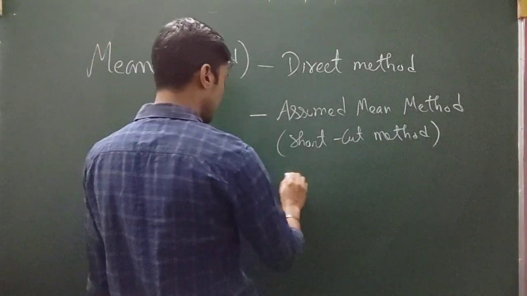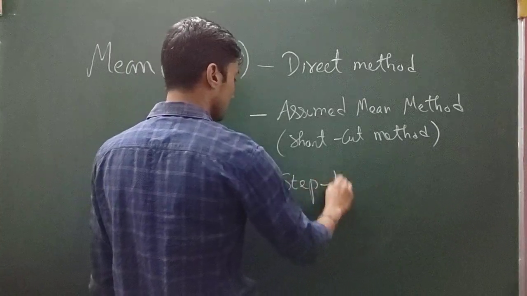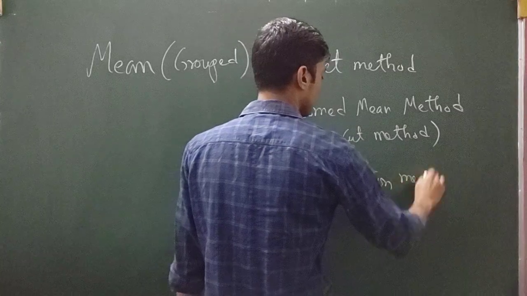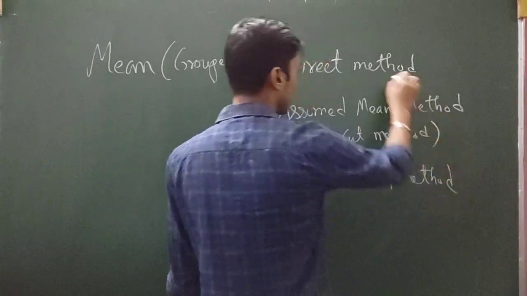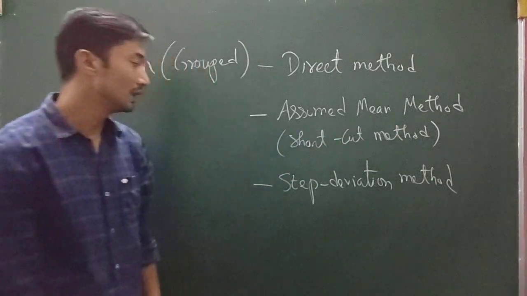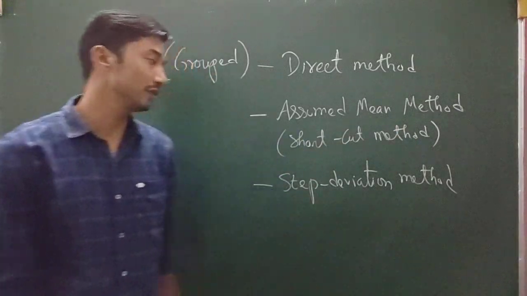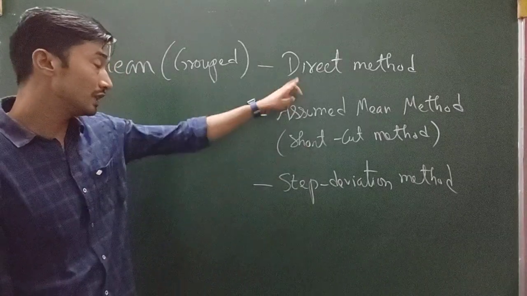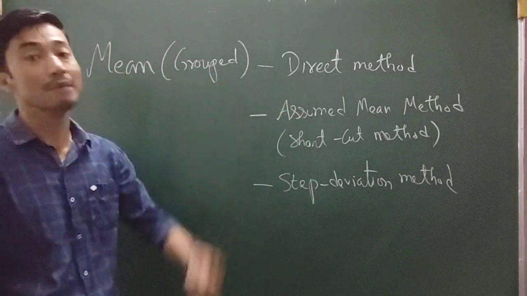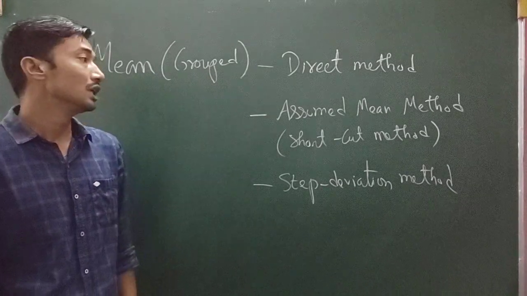The other one is step deviation method. Of course, compared to direct method, this is much shorter, so maybe that's why they named this as shortcut method. But this is much easier. Step deviation method. Alright, so these are the 3 methods that you will be learning in class 10 to calculate the mean. Got it?